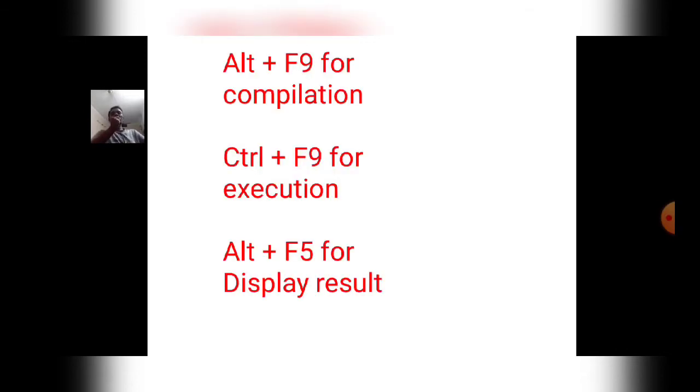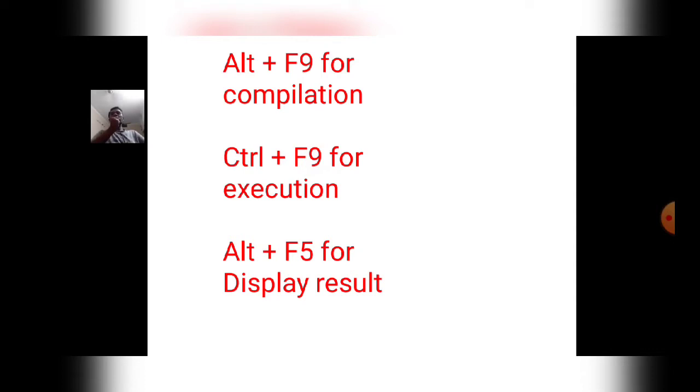Before entering the class, you have to remember and concentrate on these three commands. Number 1, Alt F9, number 2, Control F9, number 3, Alt F5. Alt F9 is used for compilation of a C program.